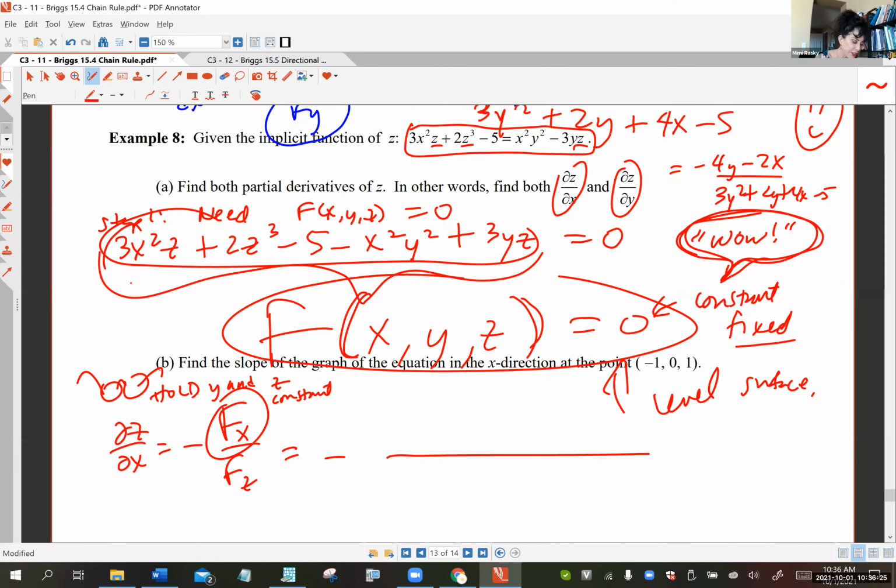Here we go. The derivative of 3x squared z with respect to x is 6xz. The derivative of 2z cubed with respect to x, 0, minus 5, 0. The minus x squared y squared with respect to x is minus 2xy squared. And the derivative of the last term, 3yz, with respect to x is 0.